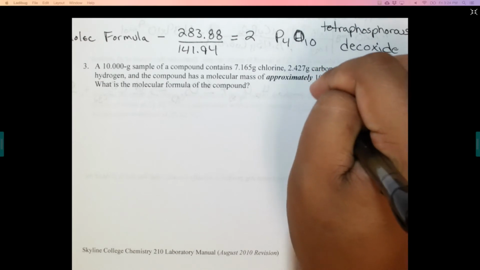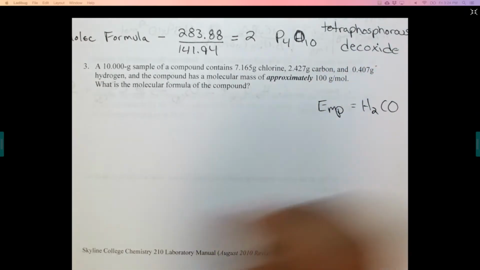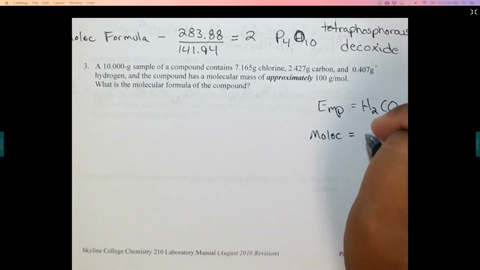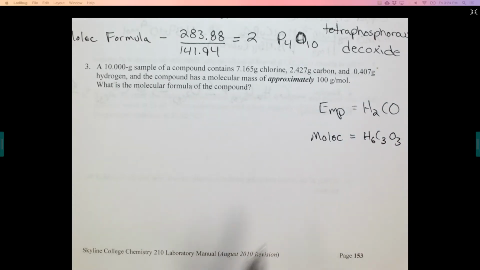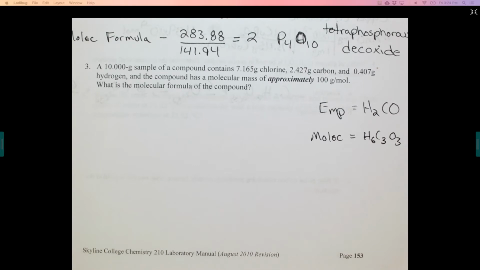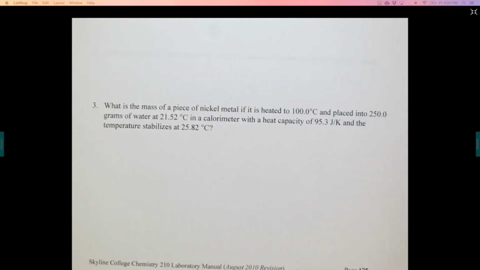The empirical formula here ends up being H2CO, and then the molecular formula ends up being H6C3O3. But convince yourself of this and try that out on your own and see if you can get those two answers.